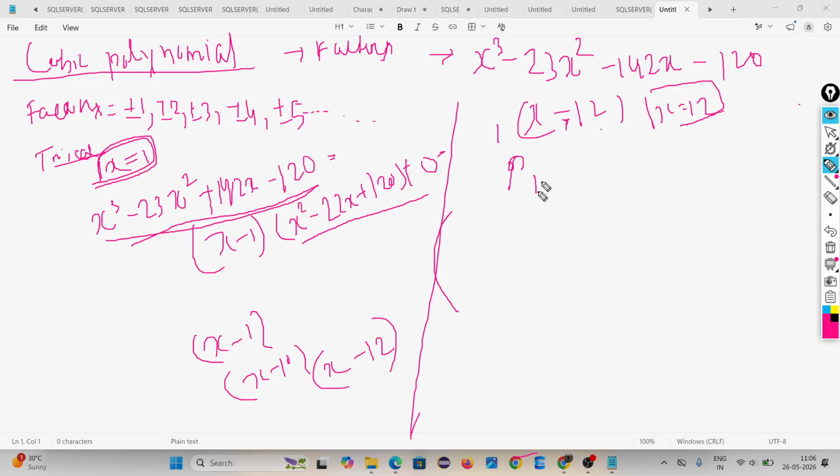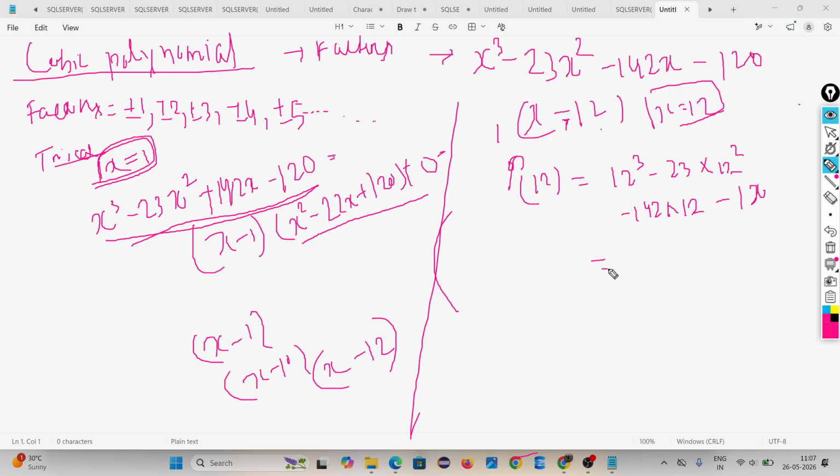So p of 12 equals 12 cube minus 23 into 12 square minus 142 into 12 minus 120. 12 cube means 12 multiplied 3 times.